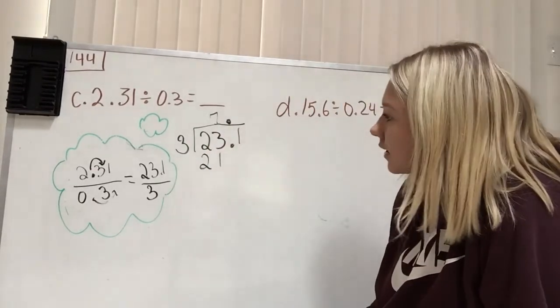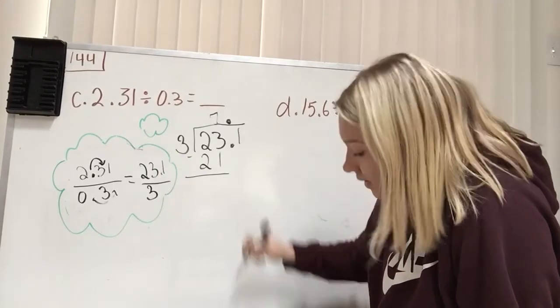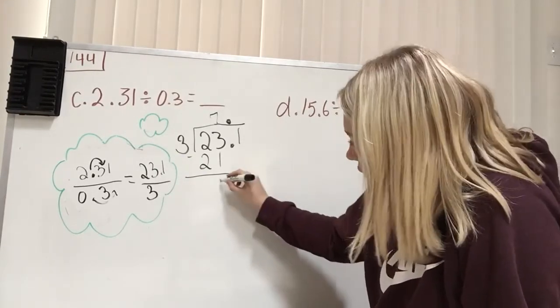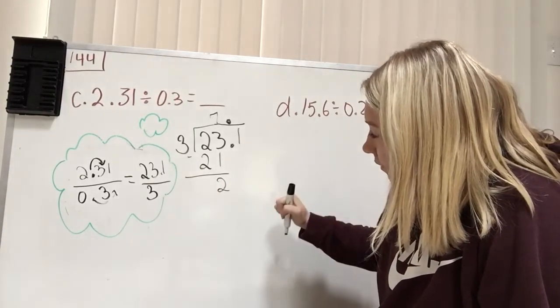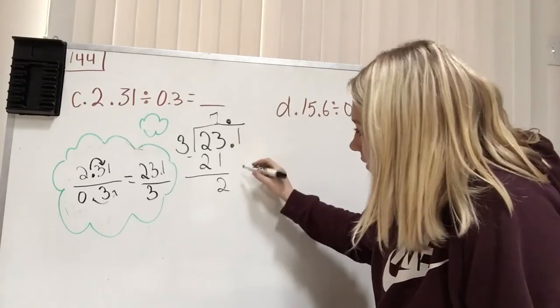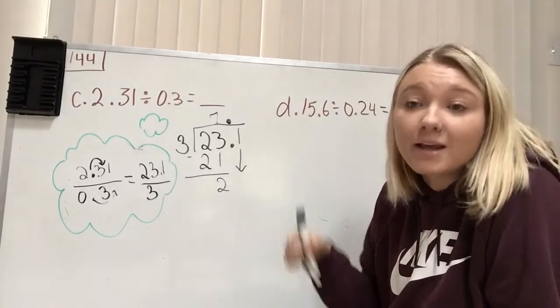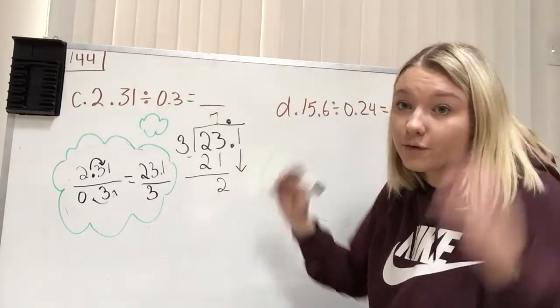That's as close as we're going to get. And then I'm going to subtract this and get a 2. 3 minus 1 is 2, and 2 minus 2 is 0. I have to bring down this 1. I don't bring down the decimal. The decimal's not going to the basement, he's going to the roof, okay?